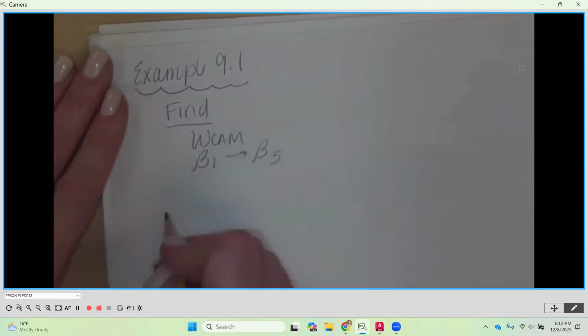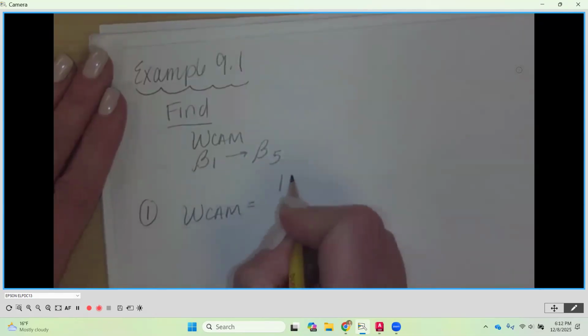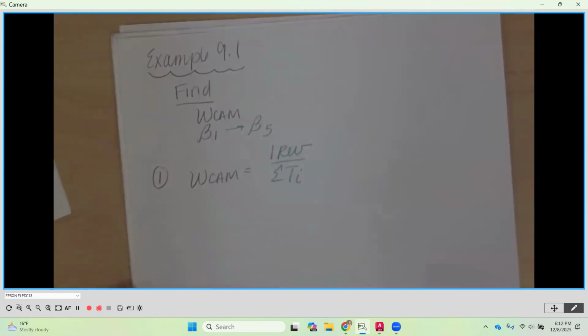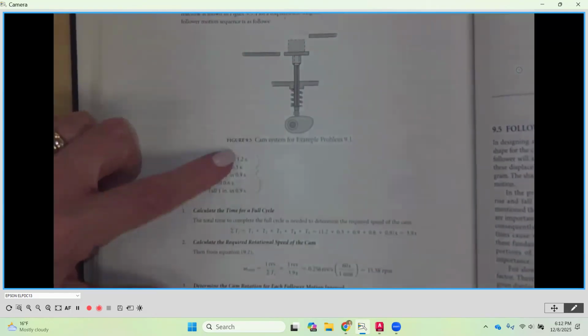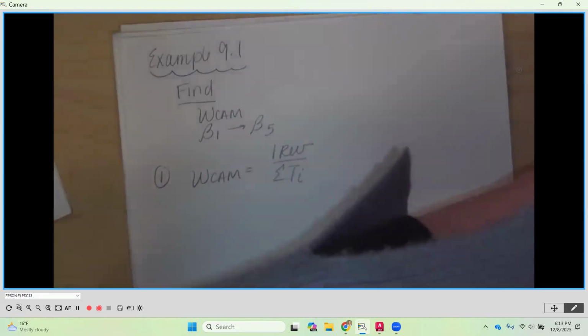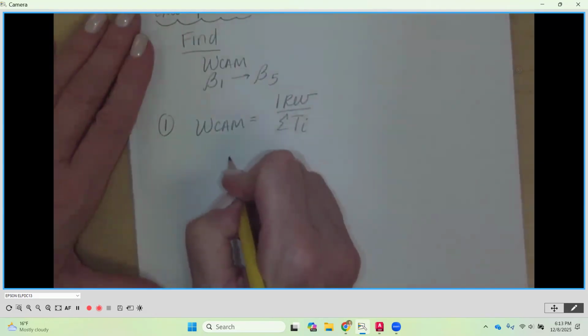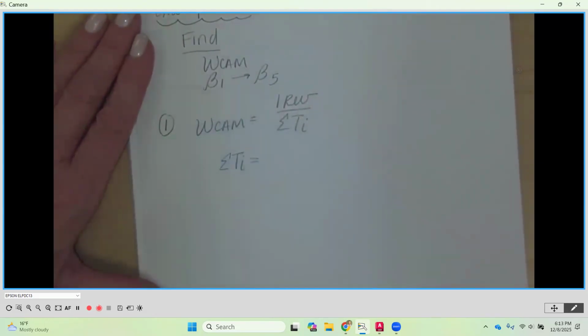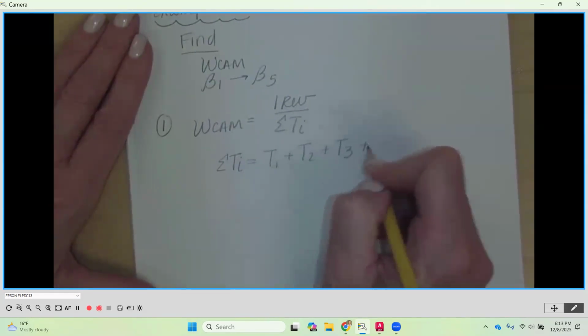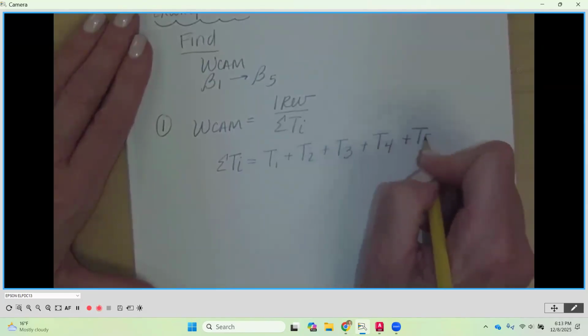Our W of our cam is going to be equal to 1 revolution divided by the total time for the operation of this cam. To find the time that it takes to operate the cam, we're going to take these 5 times and add them all together. So the summation of our times is going to be equal to T1 plus T2 plus T3, T4, and T5.